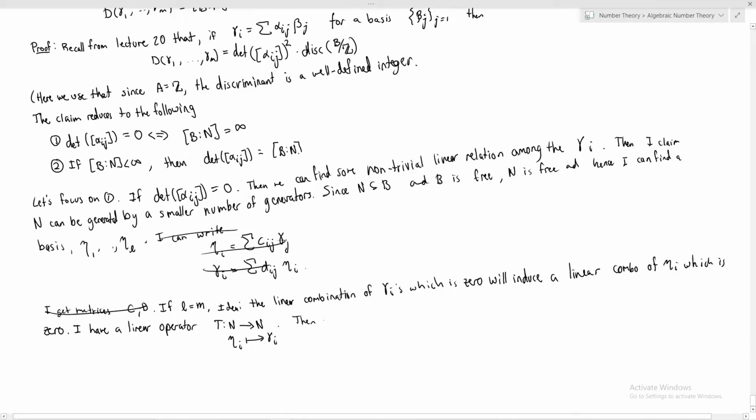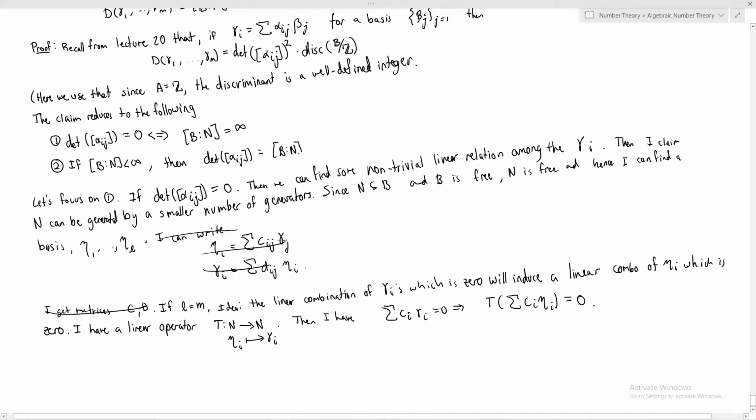Then I can find a sum of ci gamma i equals 0, which implies that T of the sum of ci eta i equals 0. Okay.